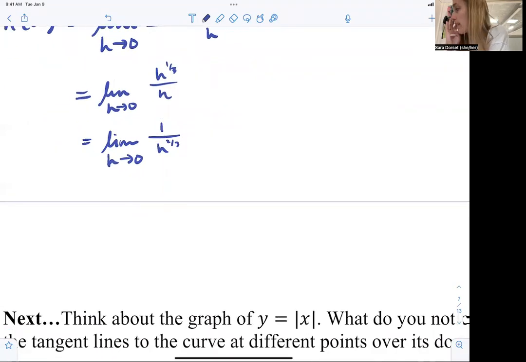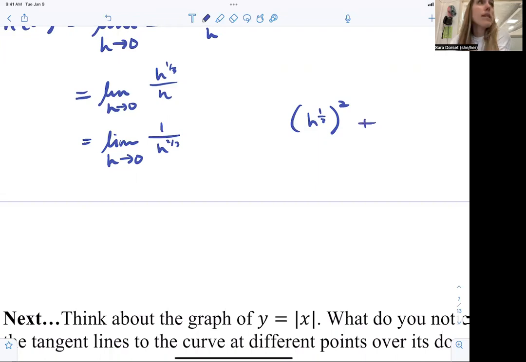Okay, you'd get 1 over 0. But if you think about using test values, to the left of 0, if you plug in a negative like -0.00001, raising it to the 2/3 would be positive, right? Because you could think of that as h to the 1/3 raised to the 2nd power, or h squared raised to the 1/3. Either way, it would give you positive values, no matter what.